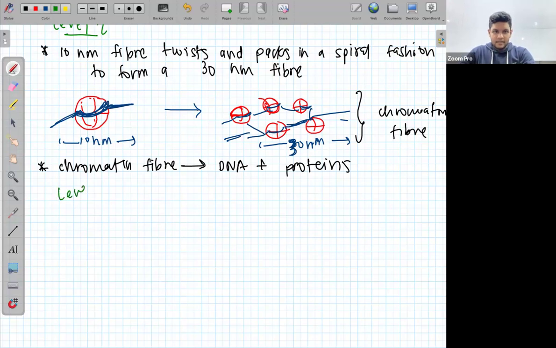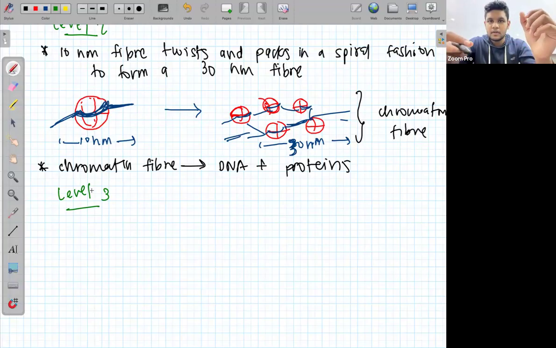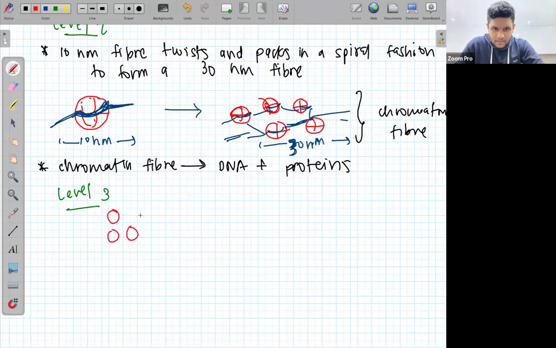Now, in level 3, instead of the complete chromatin fiber, instead of drawing those marble-like structures and blue, can you think of it as a complete stretch of a structure? Now it is looking like this, right?